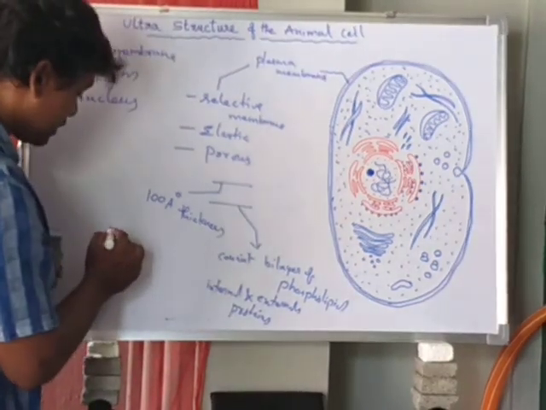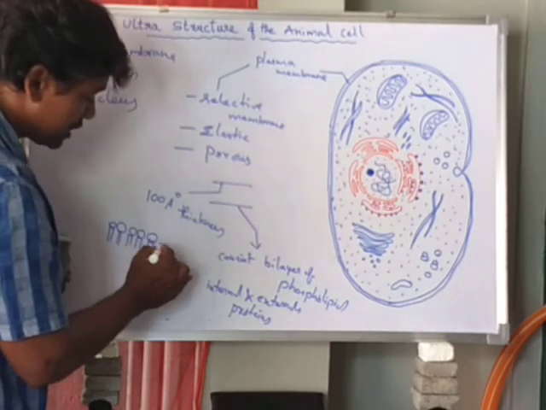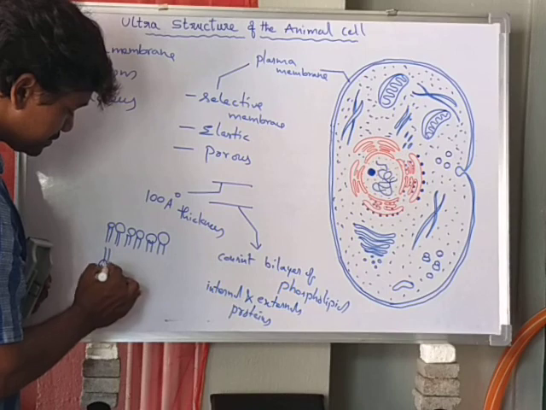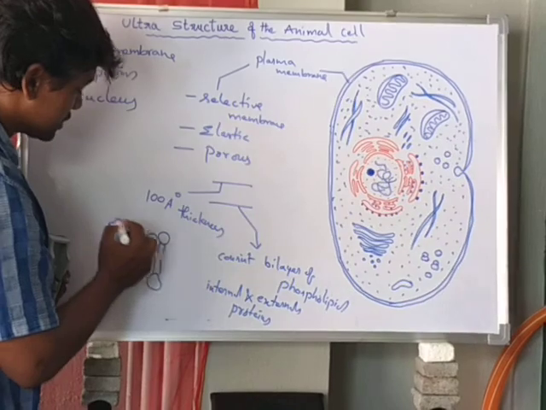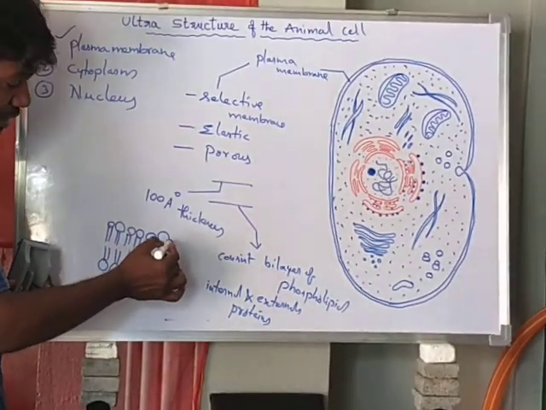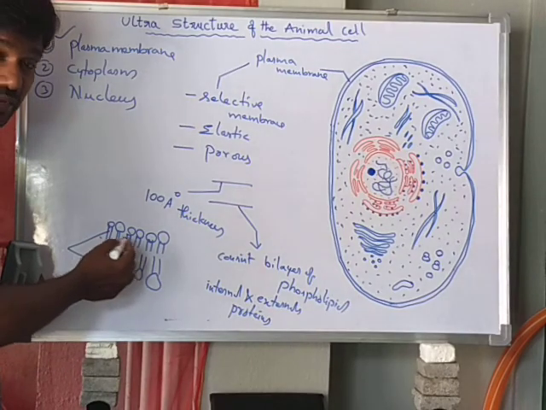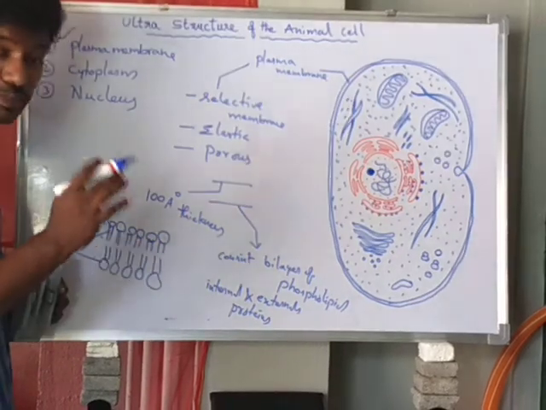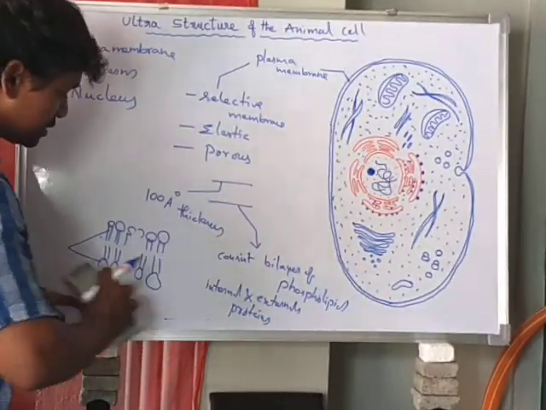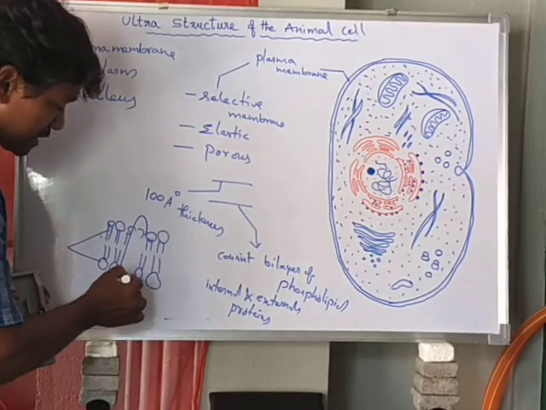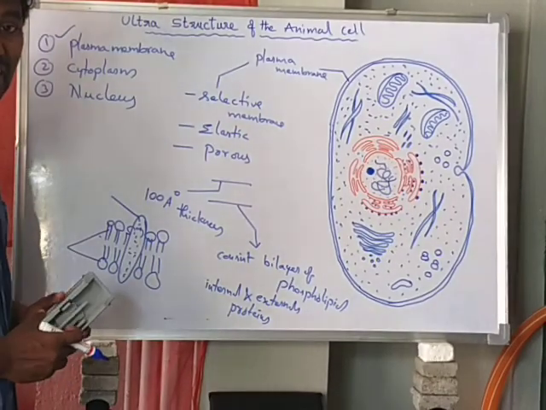This is the ultrastructure of the plasma membrane. Here this is the lipid bilayer, the phospholipid bilayer, and proteins are also present. In the middle of the phospholipid layer there are some proteins, the intrinsic proteins, the internal proteins.